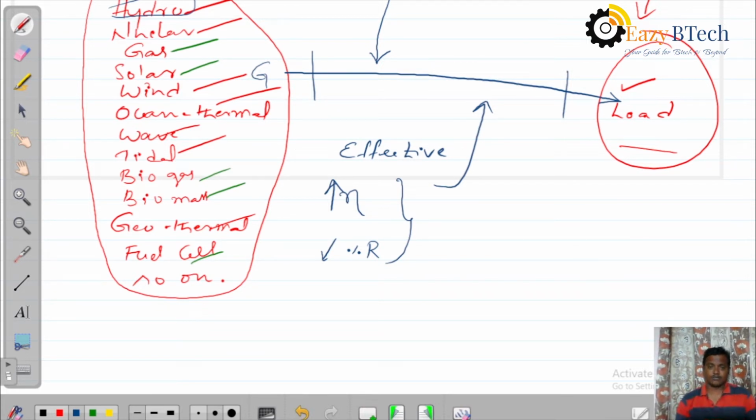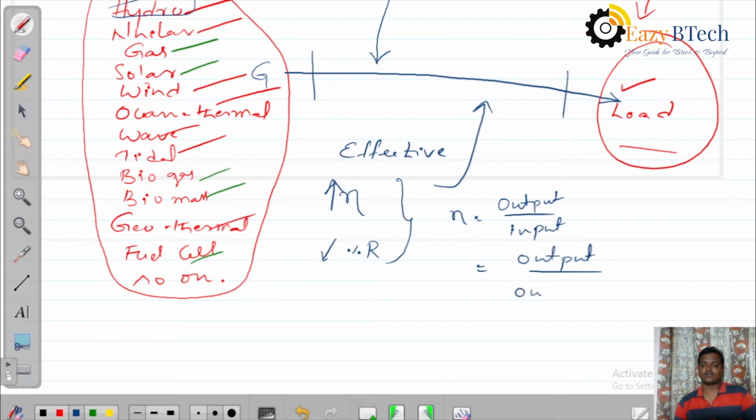Before going to that, we know the efficiency formula. Efficiency equals output by input. We can write input as output plus losses also.